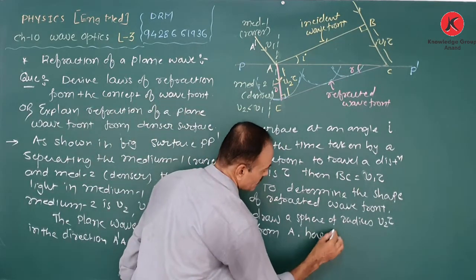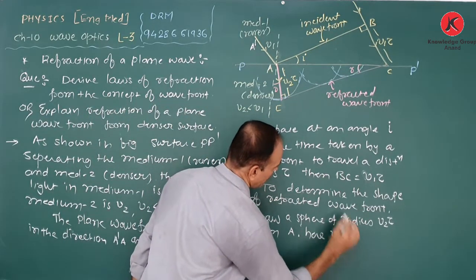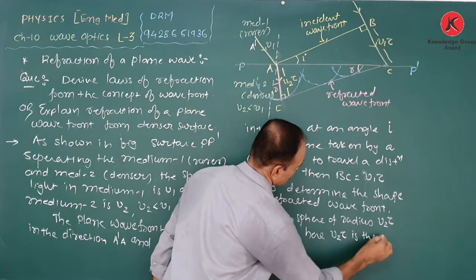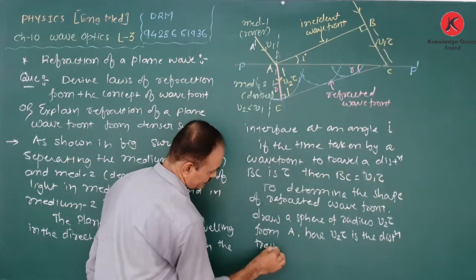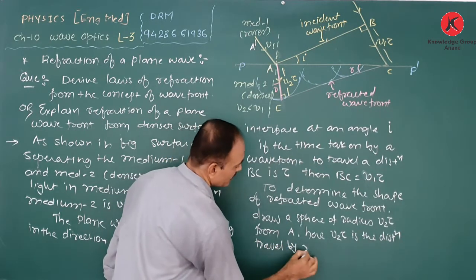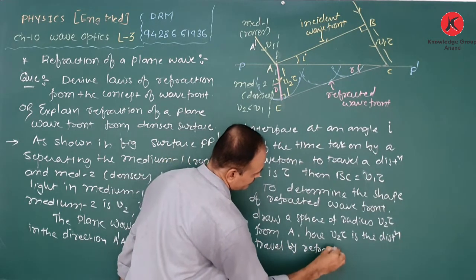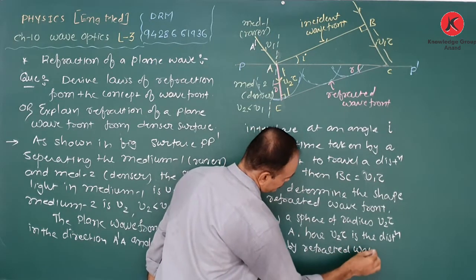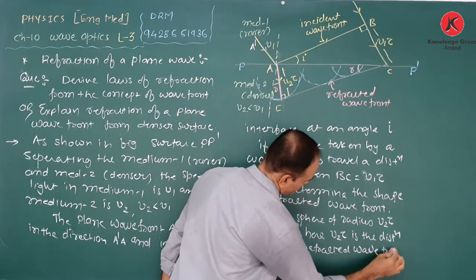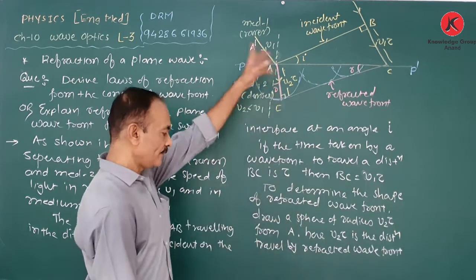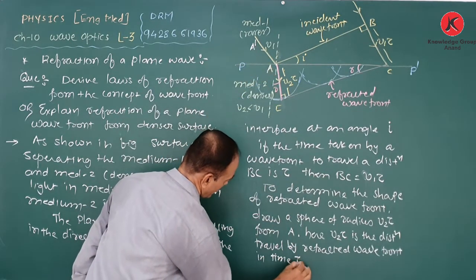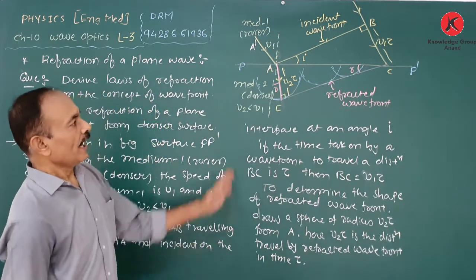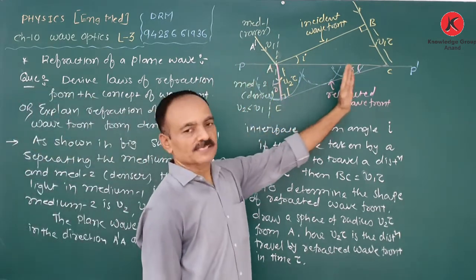Here v2 into tau is the distance traveled by the refracted wave front in time tau. So this way we draw the sphere.